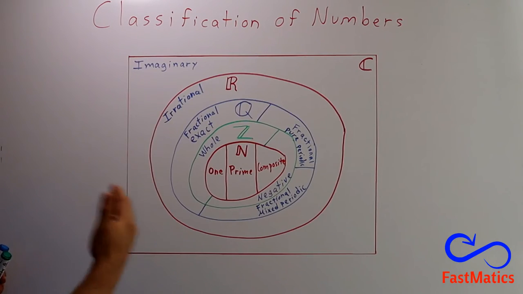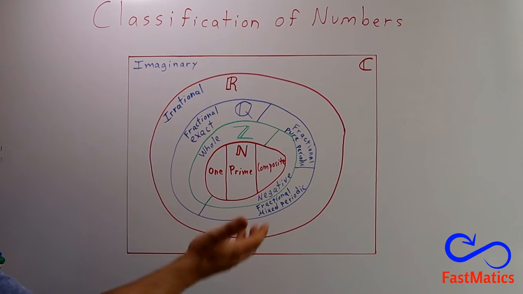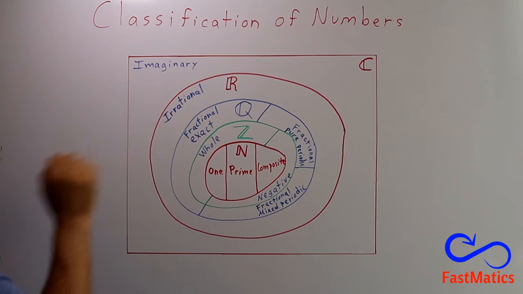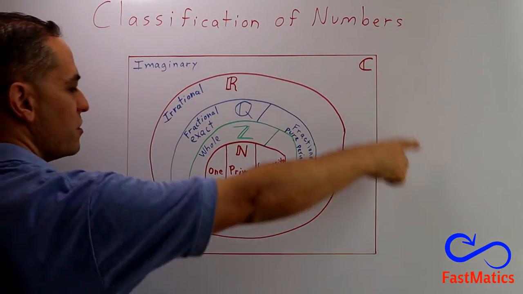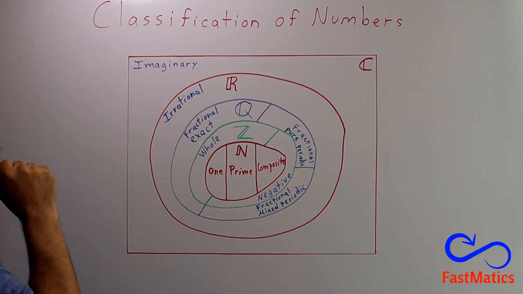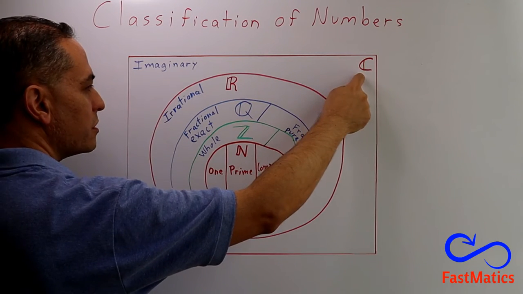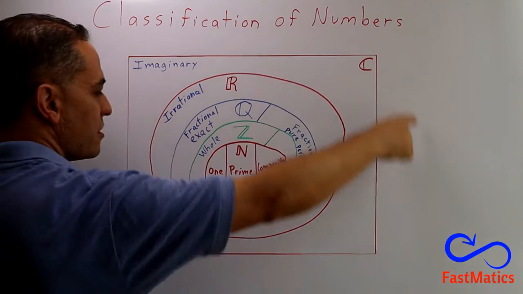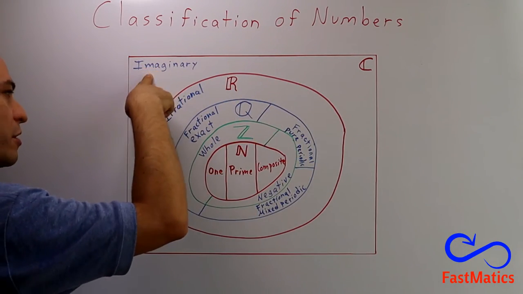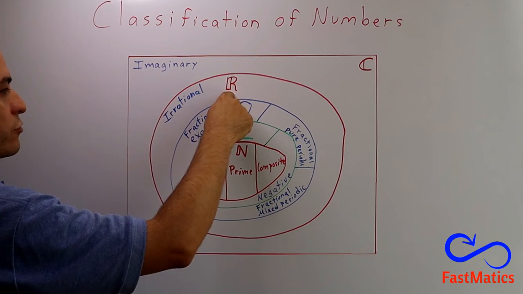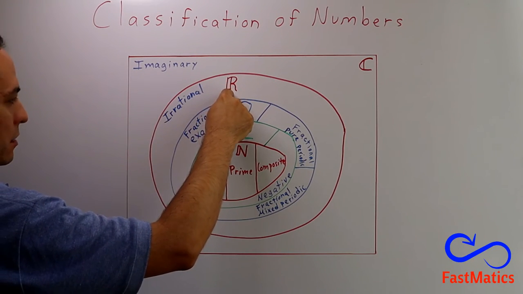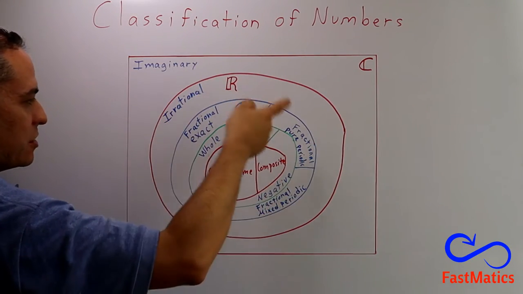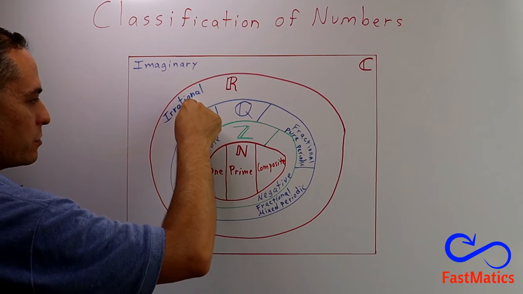Let's see. Well, another form of showing the classification of numbers is a Venn diagram, where you study the universe set. That means the complex numbers, all numbers are complex. Into that set you have imaginary numbers and real numbers represented with an R. Into the real numbers set you have rational and irrational.